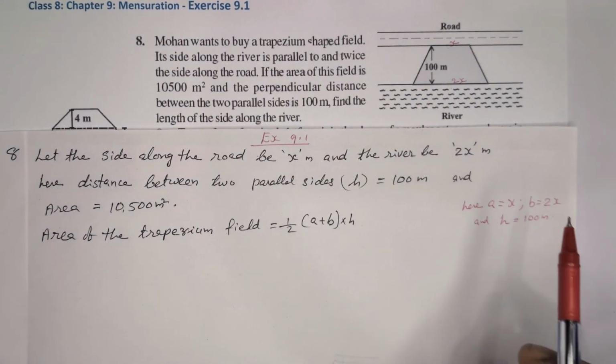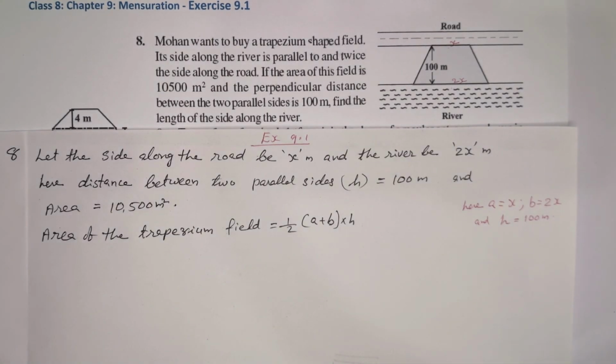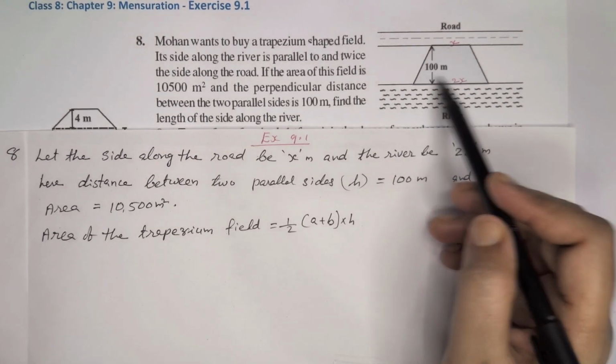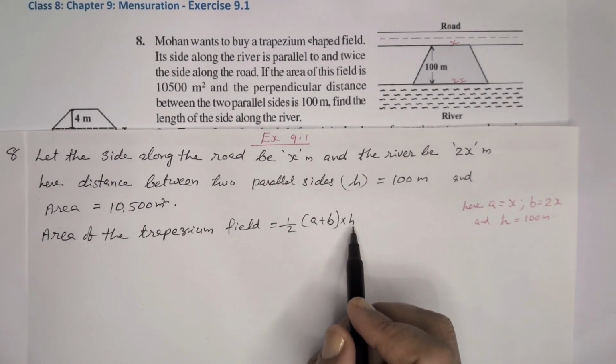Then area of the trapezium. Height is here given as 100 meter. The distance between the parallel sides, that is given as 100 meter. So area of the trapezium shaped field is equal to, we can apply the formula half into a plus b into h.